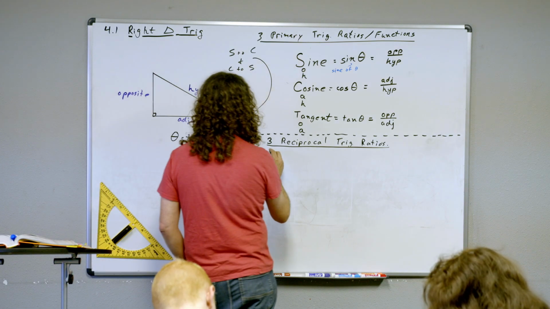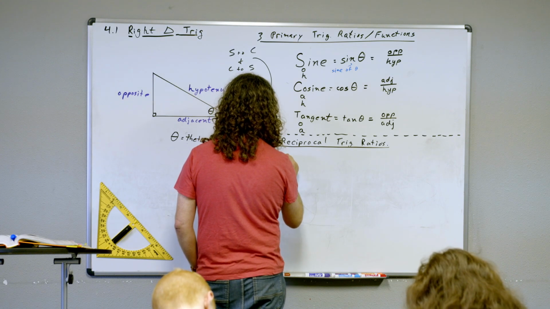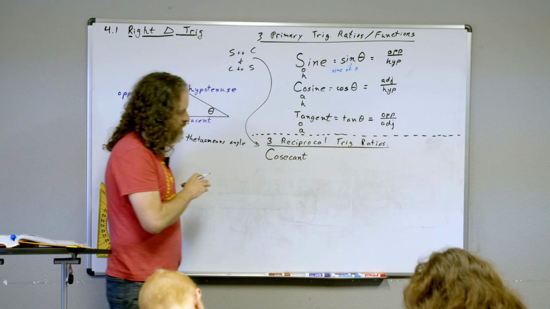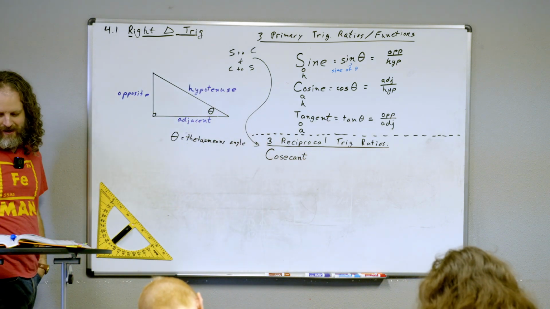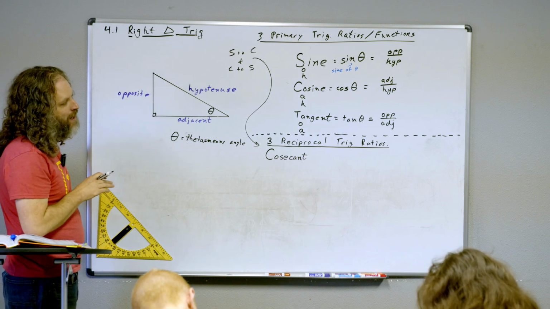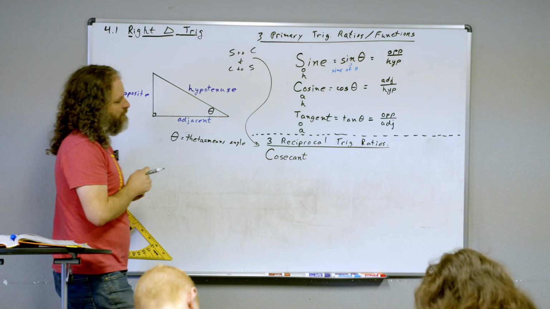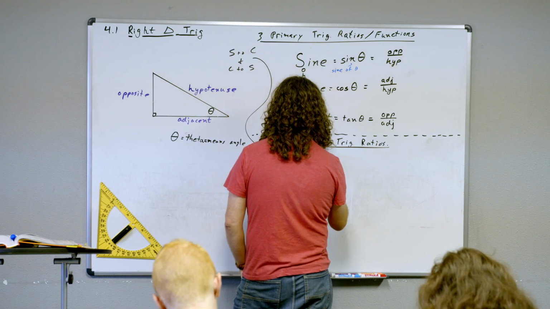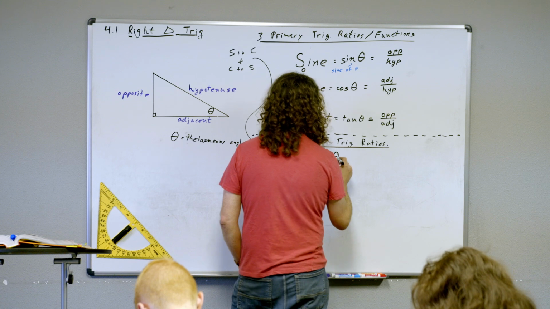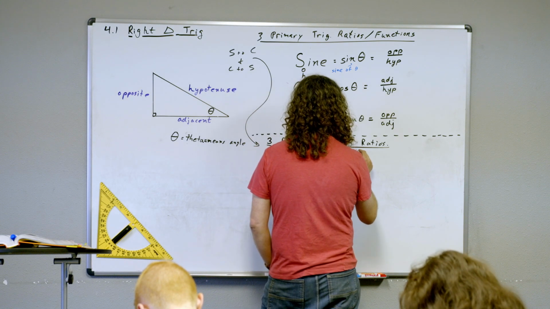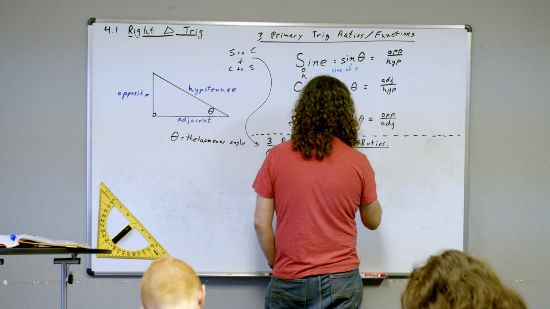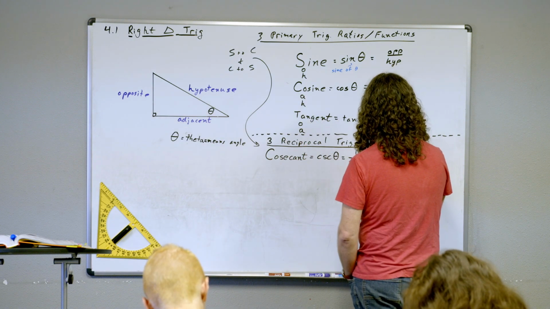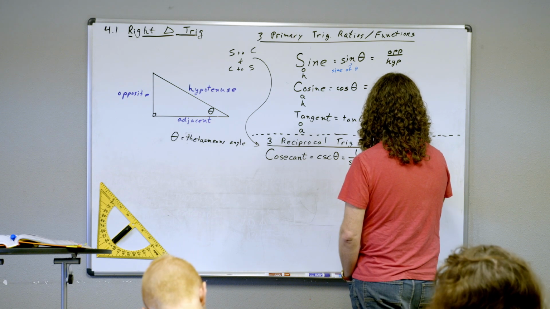So, cosecant, which is also another word. Secant is another word that we see in geometry, but we're not talking about the secant line. Same word, different meaning. Cosecant is abbreviated CSC of theta, and it equals 1 over the sine of theta, which would mean that it would equal the hypotenuse over the opposite.